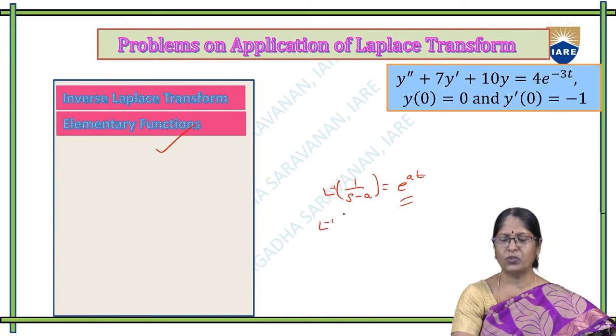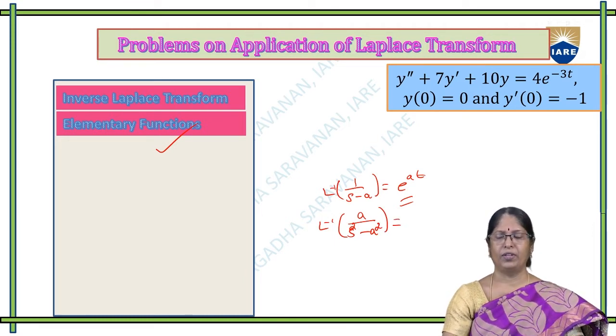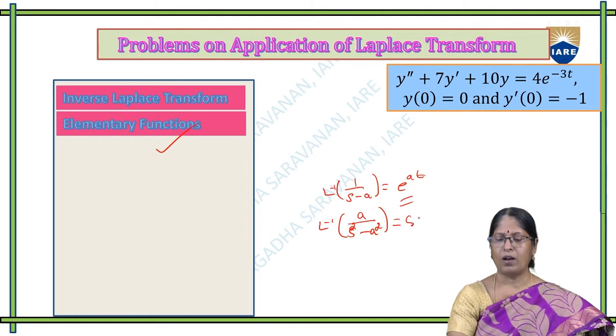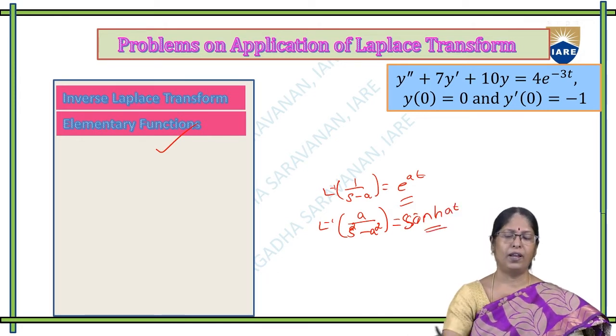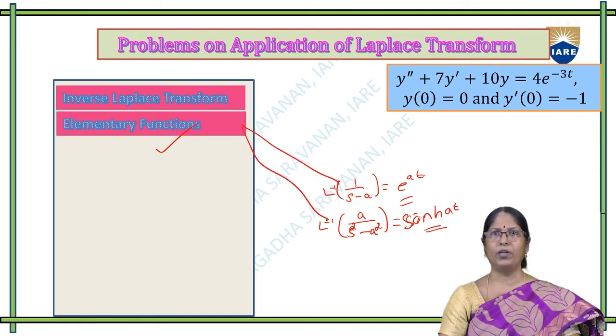Similarly, L inverse of a by s square minus a square, if it comes at the final stage, then we will write sin hyperbolic at, with numerator a. Like that, simple elementary functions are there. The formulas which are available, we will use.